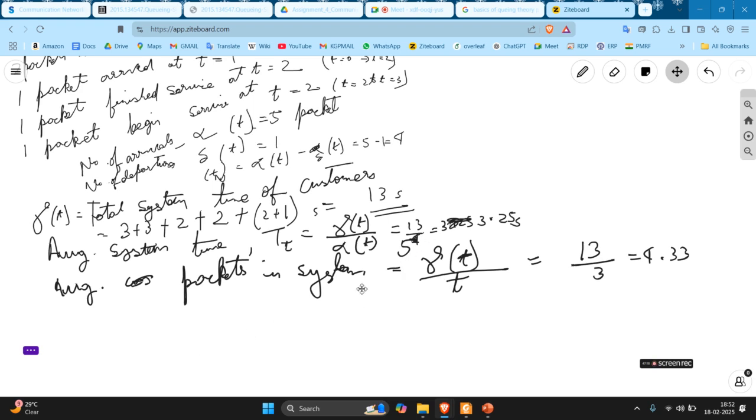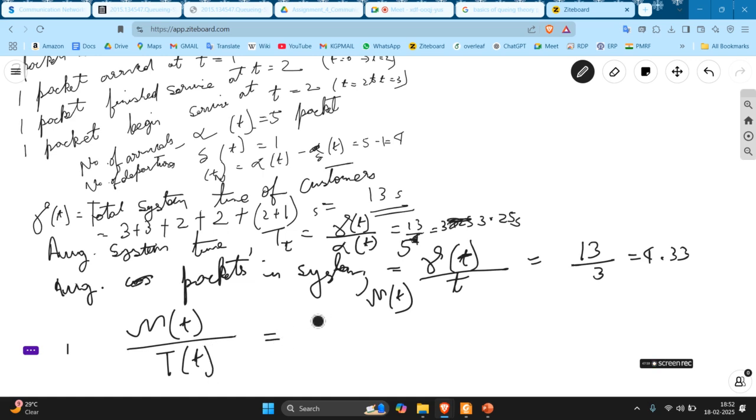So if we divide these two, let us denote this by NT. If we divide these two, what we will get is gamma T by T divided by gamma T by alpha T. So this is alpha T by T; the gamma T's will cancel.